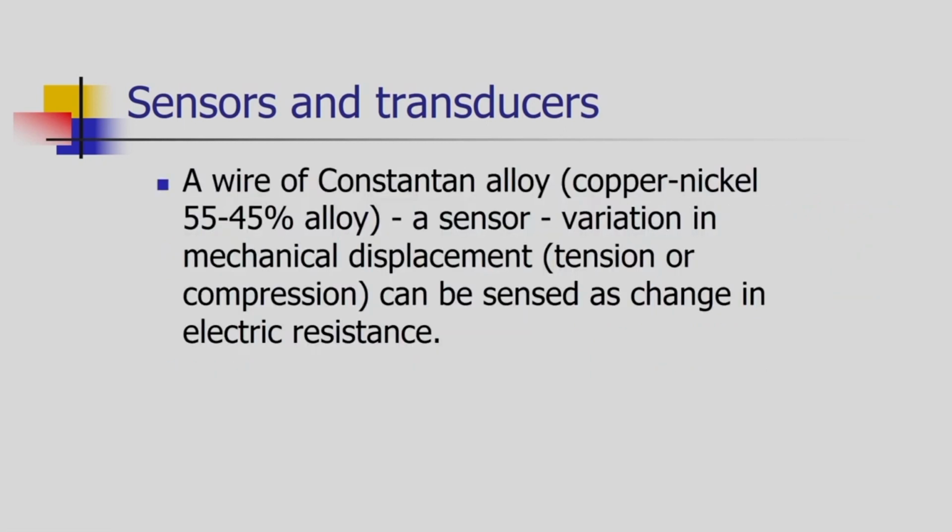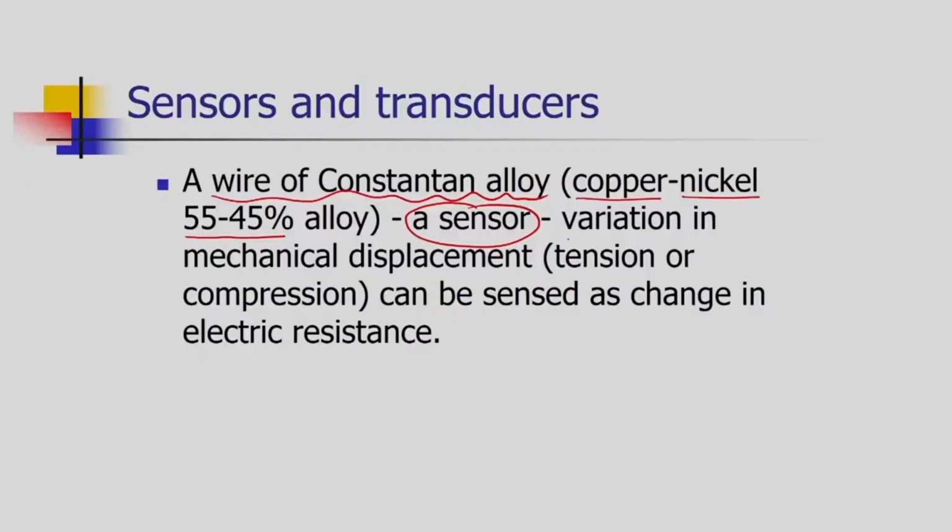Well, a simple example is a wire of constantan alloy, a metal alloy, and it has two elements, copper and nickel. The proportion is 55% of copper and 45% of nickel. So, this alloy can be called a sensor as it is generating a signal when there is a change in physical variable.